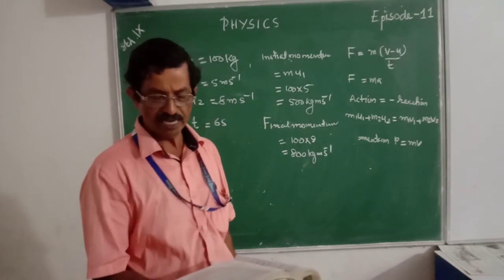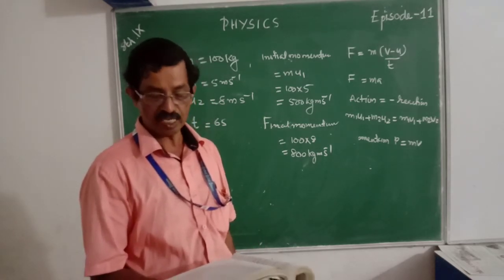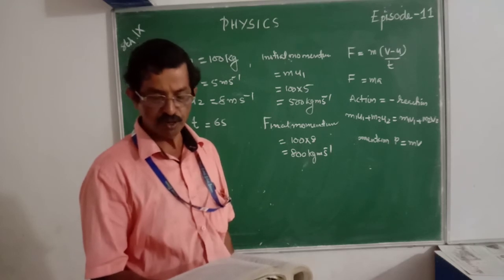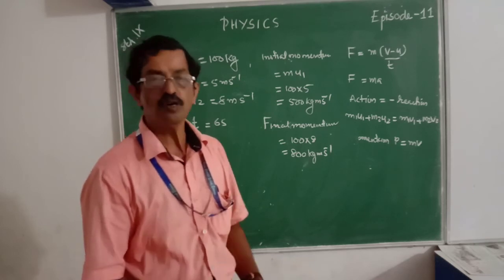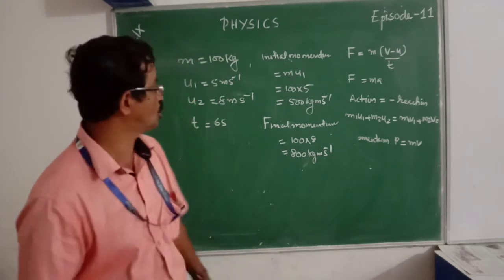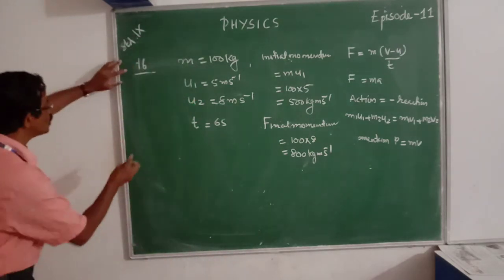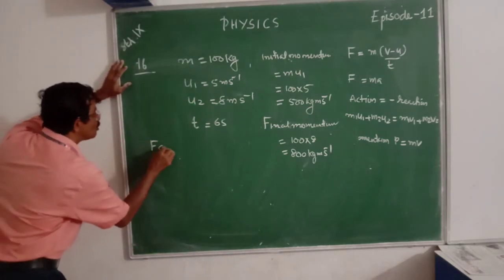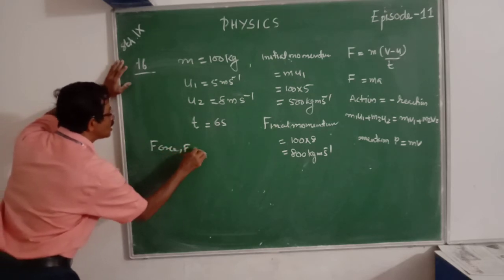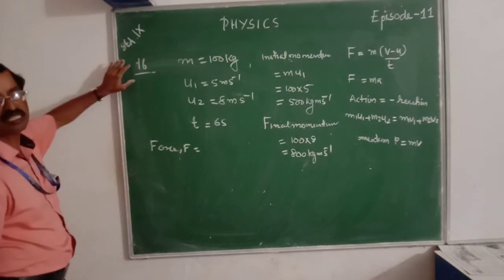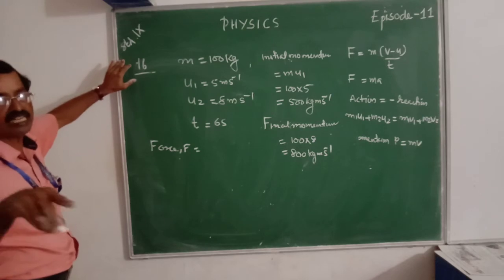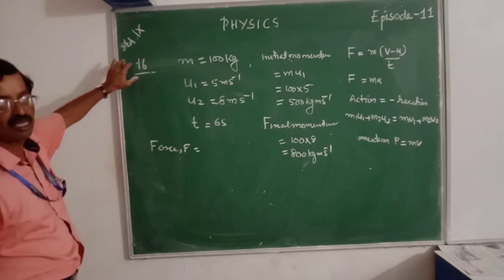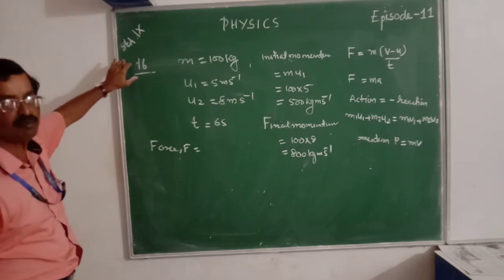Now we want to find out the force exerted. Force means rate of change of momentum. That means force is equal to change in momentum by time. Force is the rate of change of momentum.